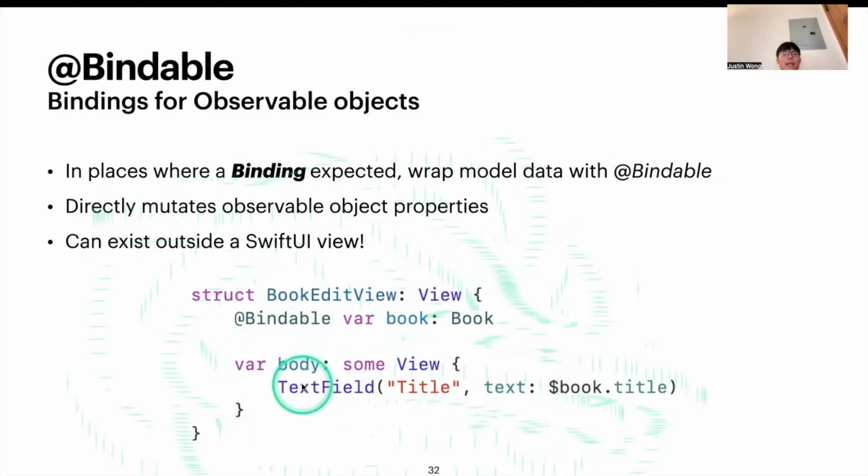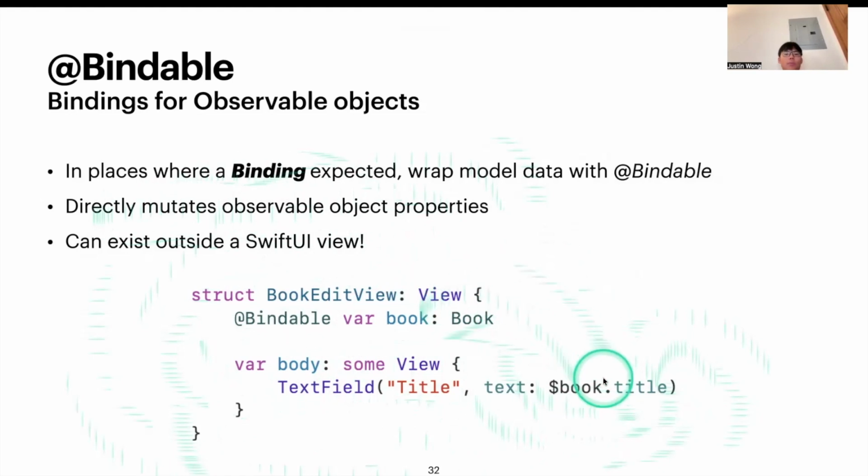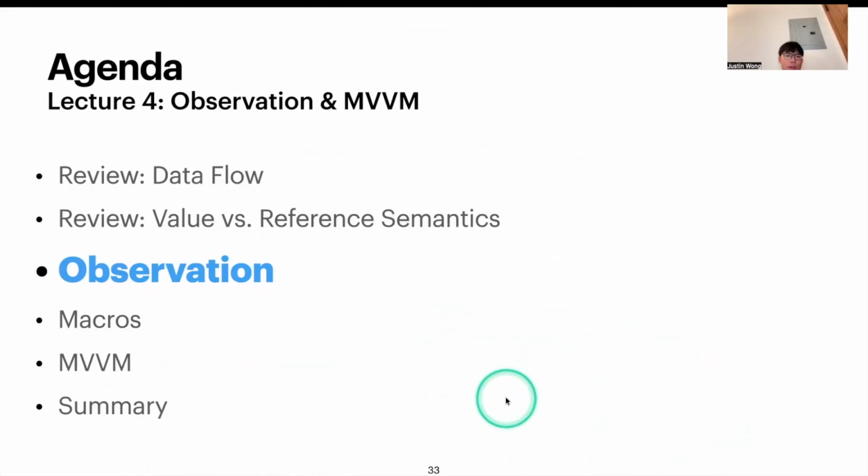And what this does is that when the user is typing in this text field, we're actually mutating the title property of this book. So this gives us bindings to properties and lets us pass this string binding into this text parameter.